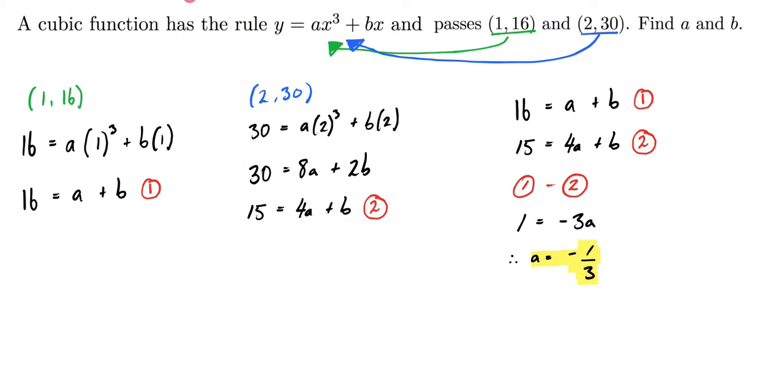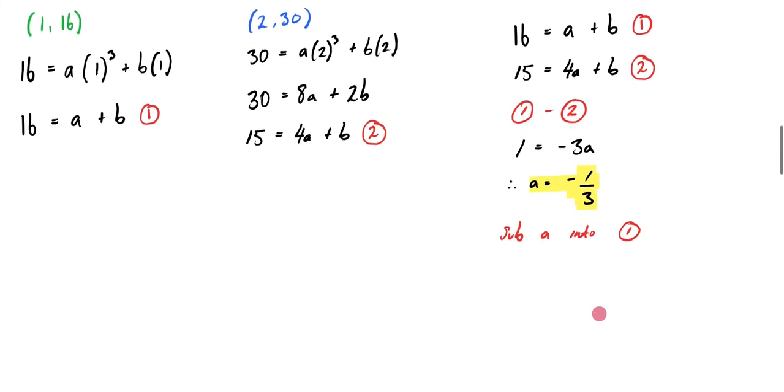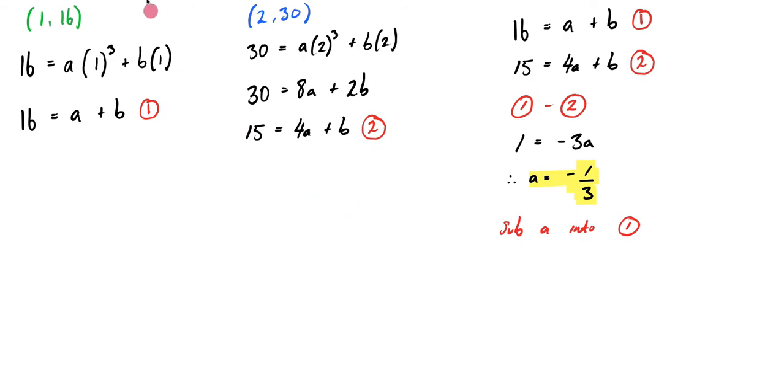To find what b is going to be, what would I do? I could simply sub a into, and I think I'll sub it into 1 because that's a nice one to sub it into. So what's that going to look like? Well, let's scroll down a little bit here for some working out space.